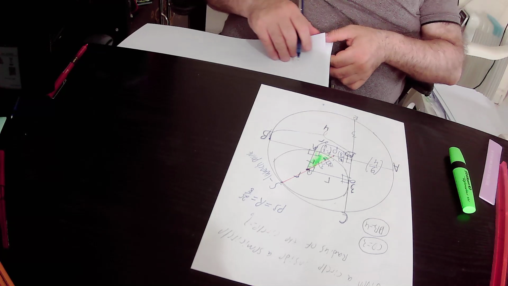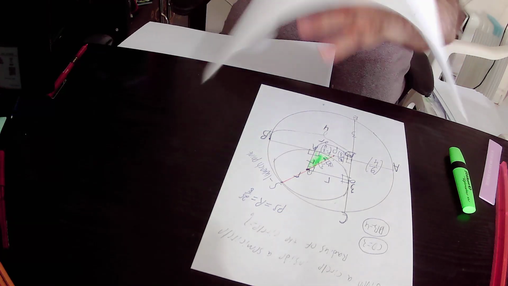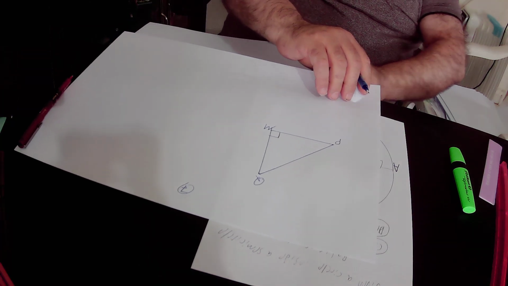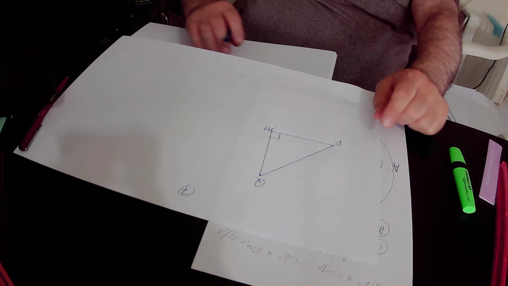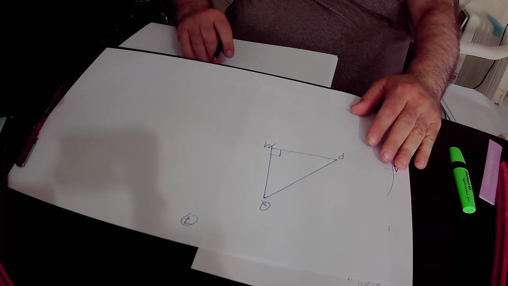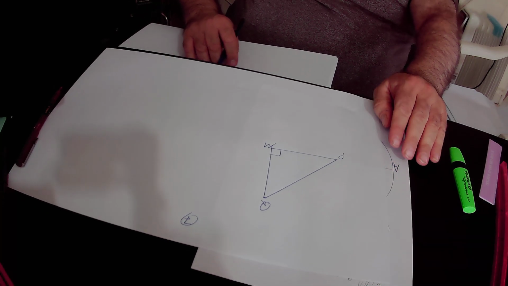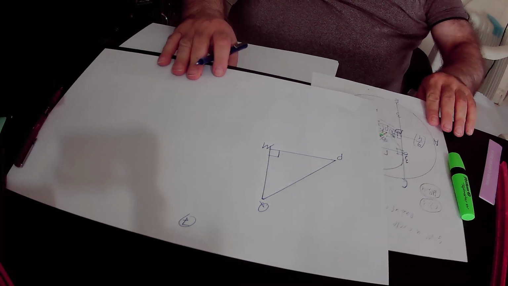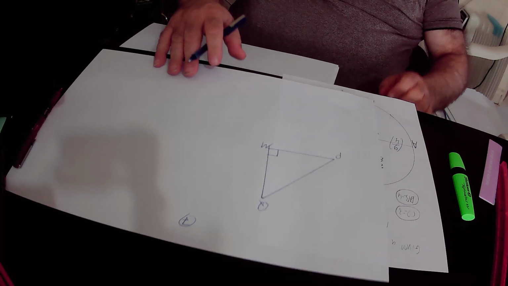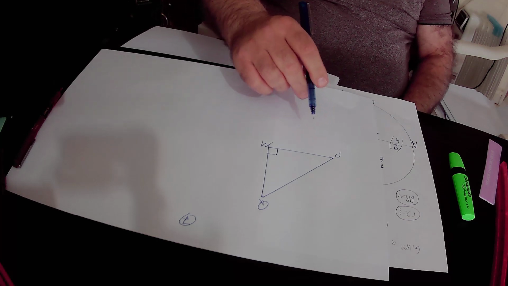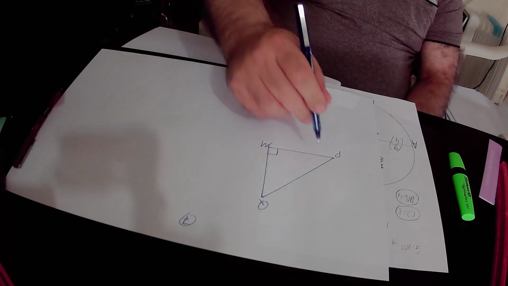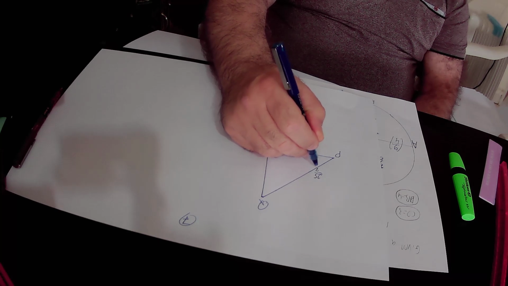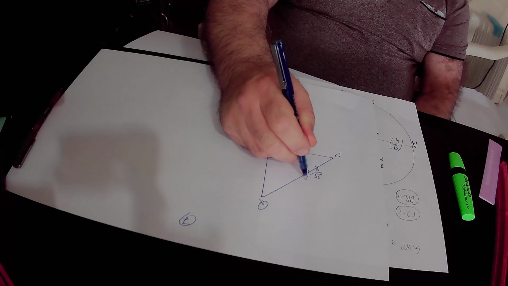So actually, this is the right triangle QPM that I copied from the original drawing, and we have already found out that the radius PQ, the hypotenuse PQ of this right triangle PQM, equals 25 over 8 minus small r.